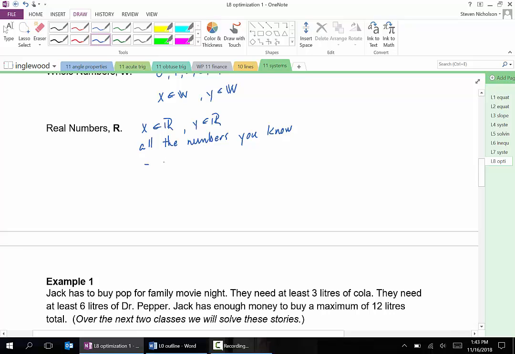So again, negative, 0, positive numbers are real numbers, decimals and fractions are real numbers, and roots, like for instance, square root, cubed root. So roots, the square root of something, the cubed root of something. These are all the real numbers that we know. And again, the easiest way to think of real numbers are the kind of numbers that you deal with every day.